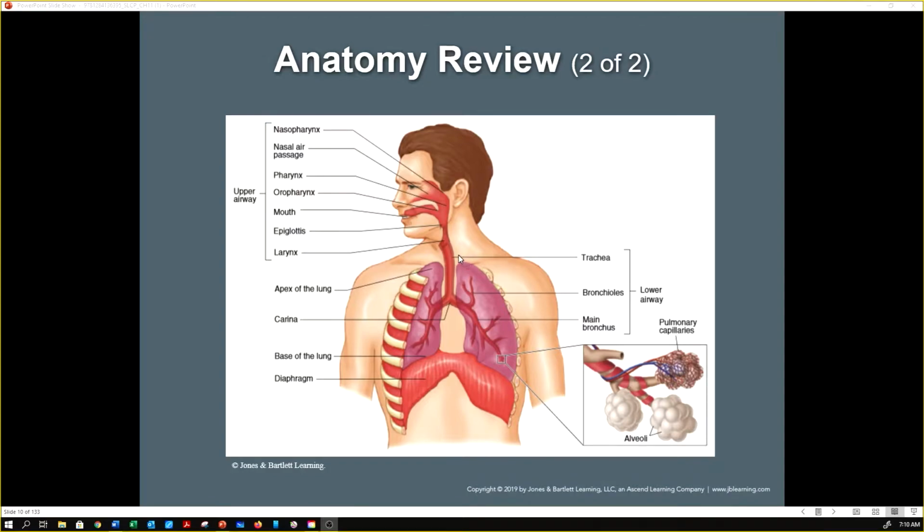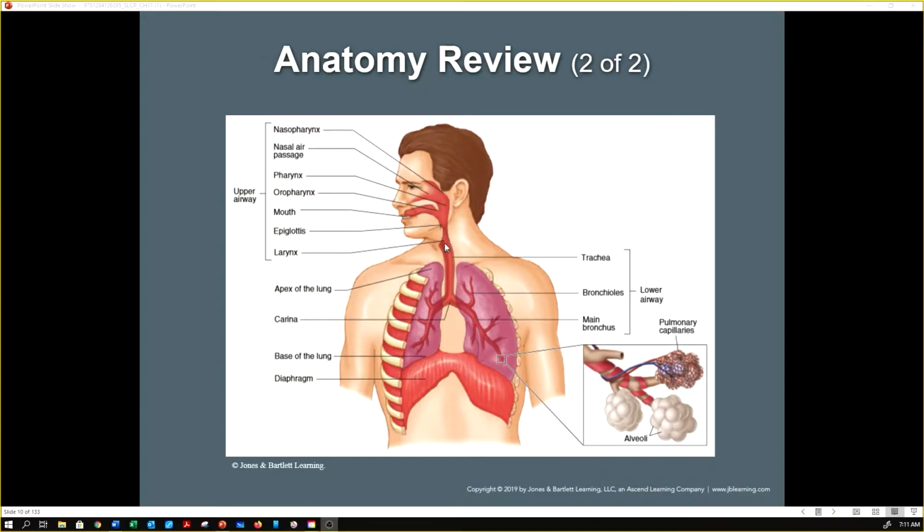I mentioned the epiglottis. So the larynx again, being right here, it's made of cartilage. That is where the thyroid's located, right?